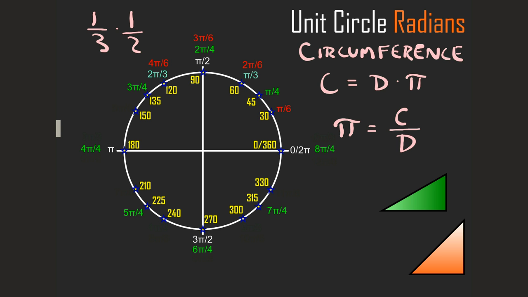So let's go back: 1 pi over 6, 2 pi over 6, 3 pi over 6, 4 pi over 6.